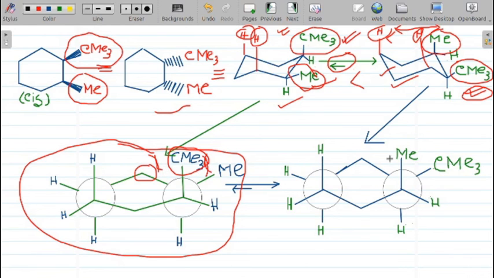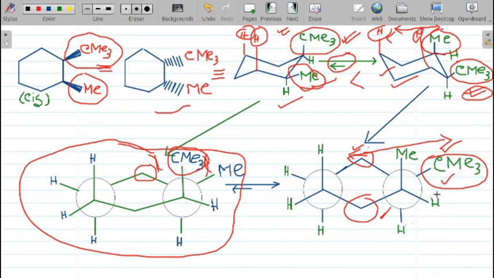But in the other case, there will be no clash between the tert butyl group and this CH2 group, because this CH2 group is present anti to the tert butyl group, far away from it.